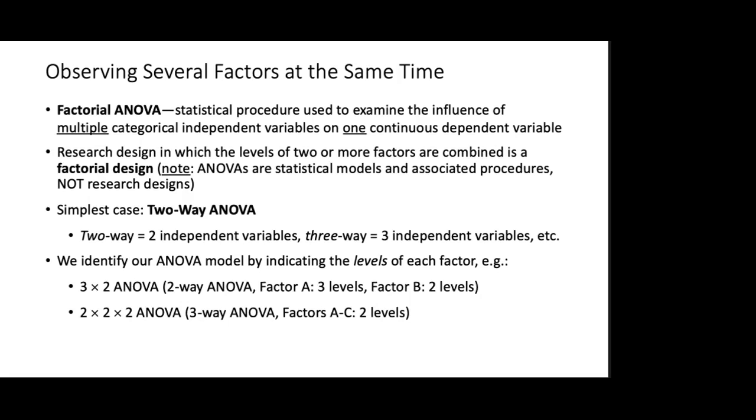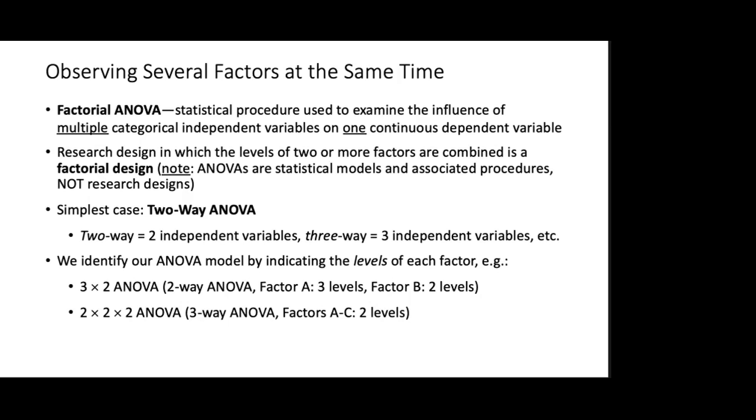So if we have a two-way ANOVA with two factors, and let's assume the first factor has 3 levels and the second factor has 2 levels, then we would call it a 3x2 ANOVA. So the first factor has 3 levels, the second factor 2 levels.